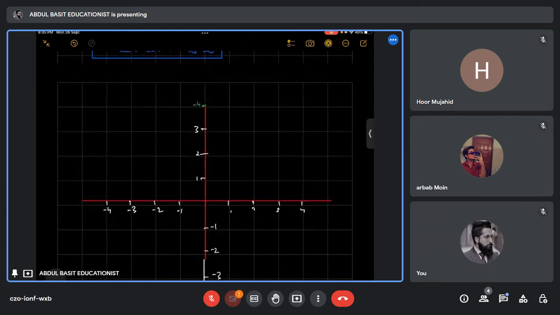Let's see. For example, I'm going to enlarge a shape with a given scale factor.